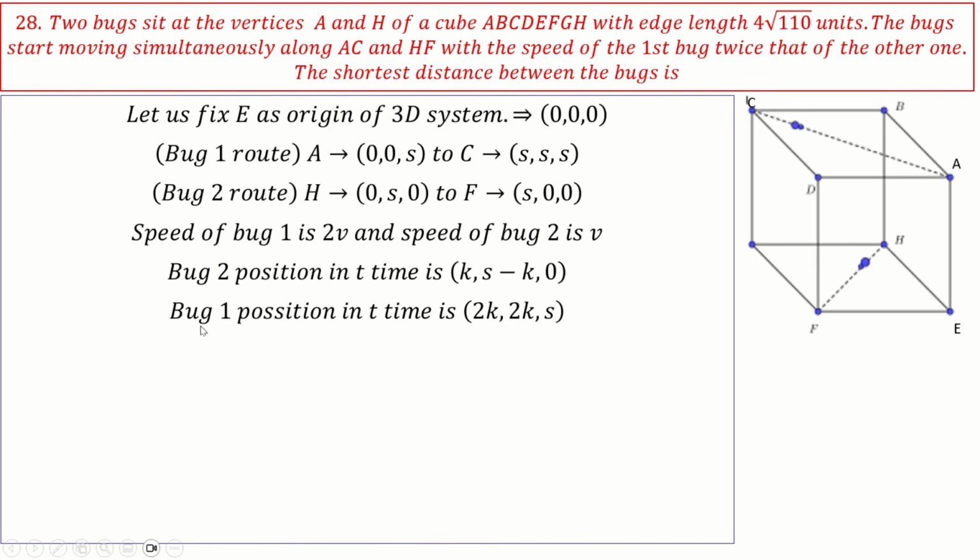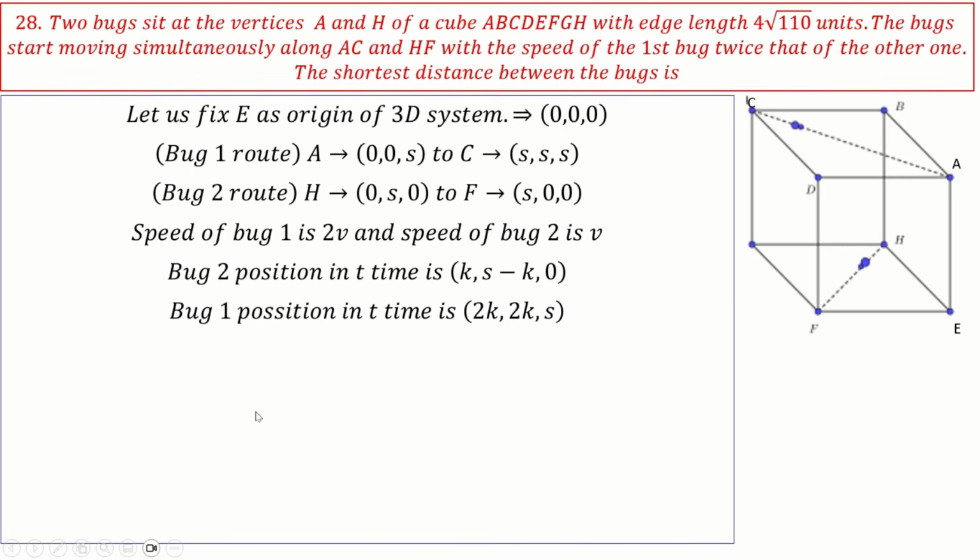Similarly, bug 1's position in time t: it is going at 2v, twice the speed, so 2k will be the distance in time t. From (0, 0, S) to (S, S, S), the x and y coordinates will increase by 2k, 2k in time t. So these are the coordinates at runtime.